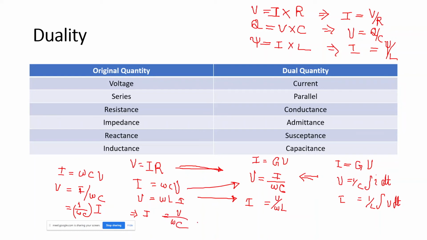So what does it represent? It represents the expression I equals V by omega L. So inductance becomes capacitance and vice versa. This is the beauty of duality. From one circuit you can create another circuit using the principle of duality.